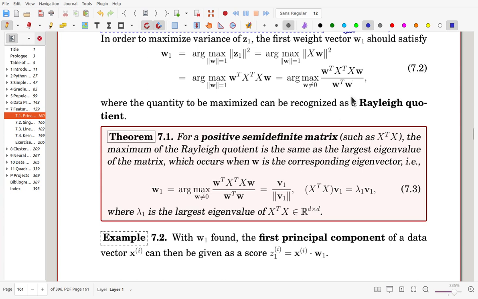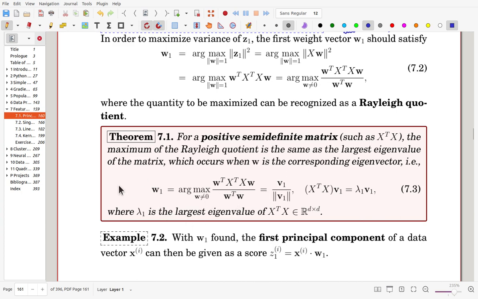That means that here W must be the eigenvector corresponding to the largest eigenvalue, and the maximum value must be the largest eigenvalue. So here W1 can be found in this way: W1 is just normalized V1, where V1 is the eigenvector corresponding to the largest eigenvalue.